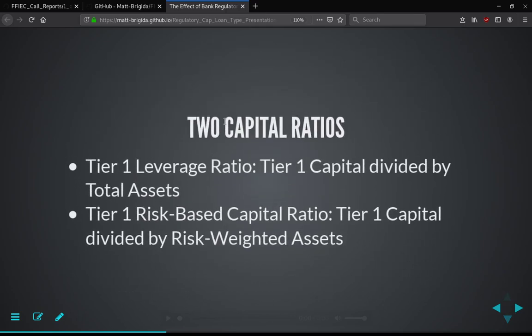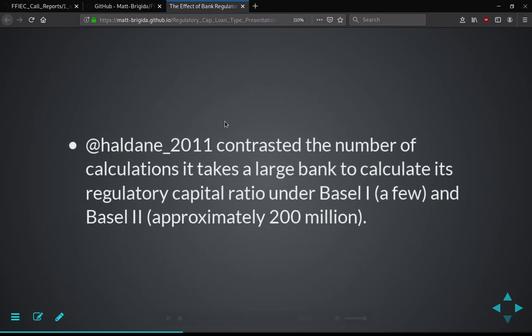An interesting note here. This is Haldane 2011. I need to write a little JavaScript here to put in the citation. I'm using BibTeX, but the idea is he was a Federal Reserve official, and I'm citing a speech by this Fed official, and he noted that the number of calculations it takes for a large bank to calculate regulatory capital, where the risk weighting assets is, is approximately 200 million.